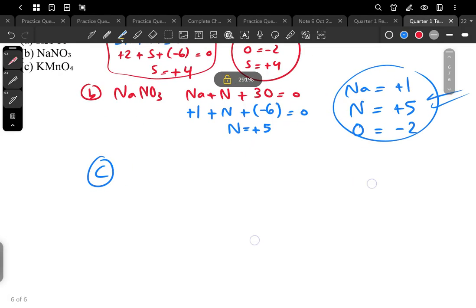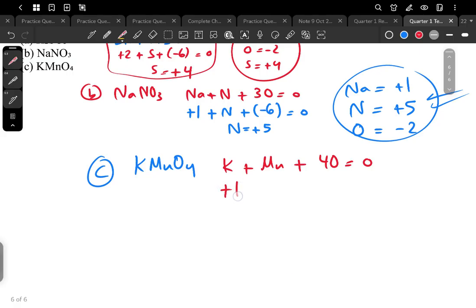C, KMnO4, potassium manganate. So in this case, K plus Mn, the manganese, plus 4 oxygen equals 0. K belongs to the first group, like the sodium. It is under the sodium in the periodic table, so it has an oxidation number of positive 1. The manganese is unknown. 4 oxygen means negative 8, because the oxygen has an oxidation number of negative 2.